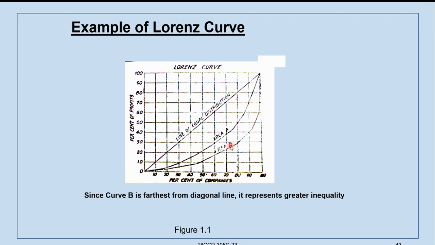Right? Area B includes area A also here. Since curve B is farthest from the diagonal line, it represents greater inequality. More dispersion is there. Like this, we can understand the graph. See here, percent of profits, percent of companies. This is a relative measurement.